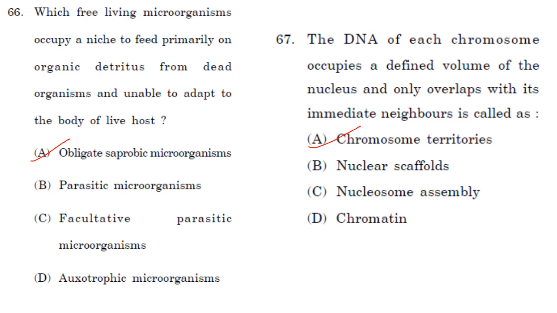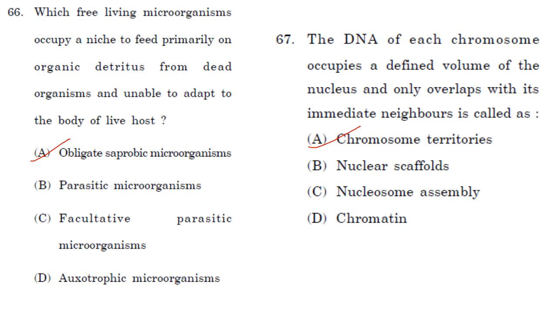Next one. Which free-living microorganism occupies a niche to feed primarily on organic detritus from dead organisms and is unable to adapt to the body of a live host? They are obligate saprobic microorganisms.